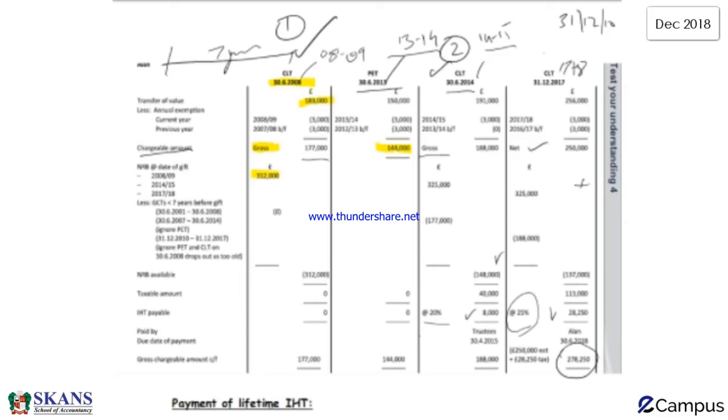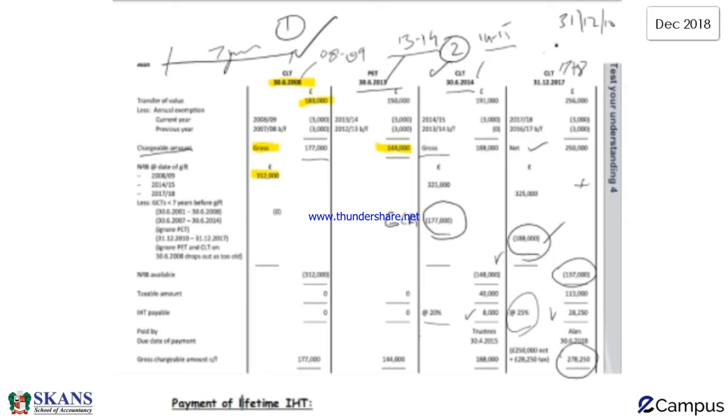Why have we calculated the gross chargeable amount? Well, the answer lies in application of nil rate band, because whenever we deduct any value of CLTs made in previous 7 years, what value are we required to deduct in order to find the available nil rate band? It's not the net chargeable amount, it is the gross chargeable amount.